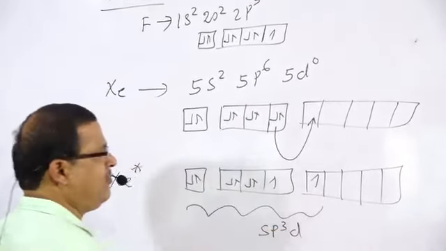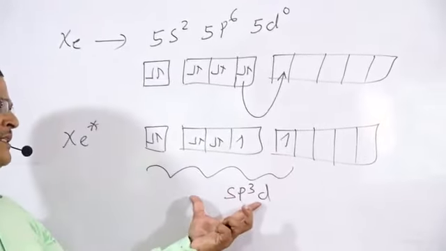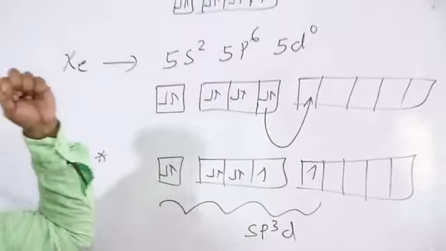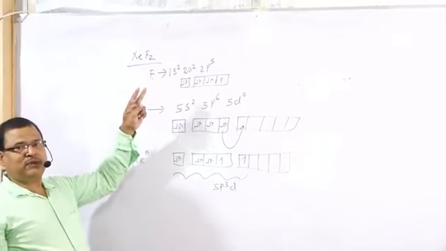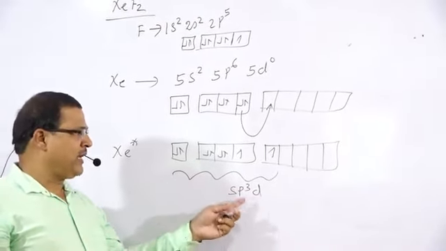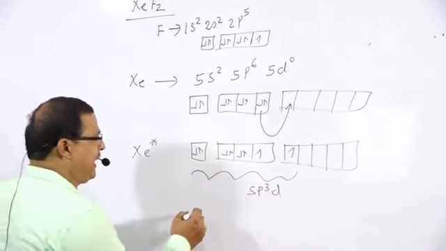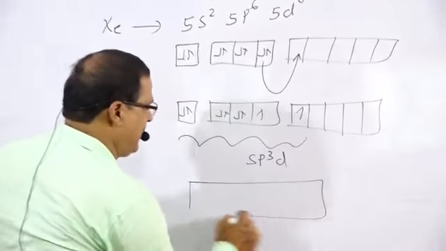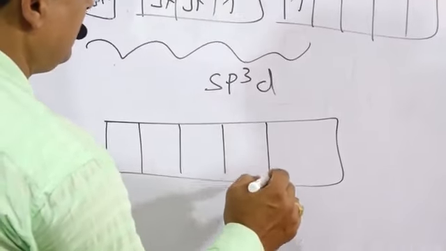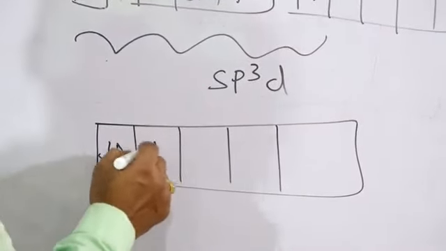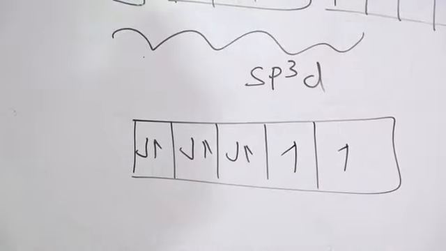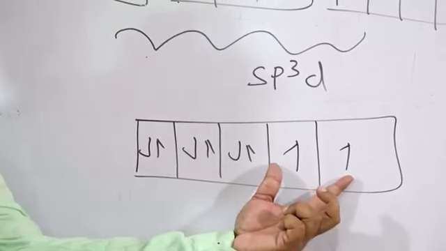This has also been derived according to the formula, half of V plus M minus C plus A, sp3d hybridization. The number of hybrid orbitals is 5: three paired electrons and two unpaired electrons are there.